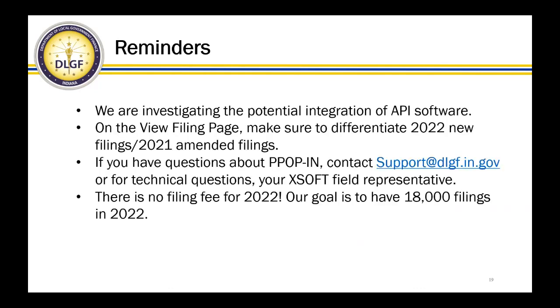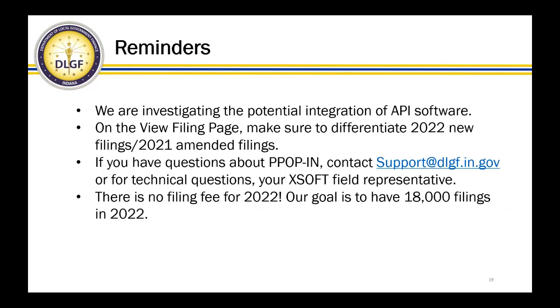One of the things that we heard from CPAs and agents last year was that filers have what's called API software, which basically replicates our current forms, but in their own software. And unfortunately, right now, our system does not allow for the integration of that API software.